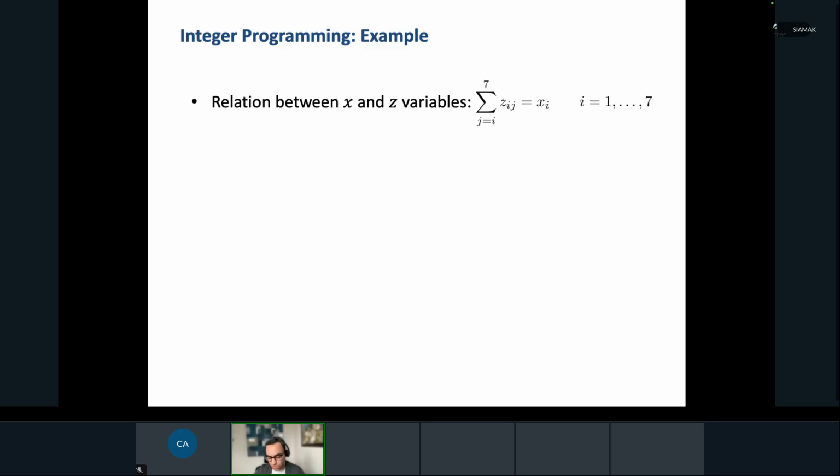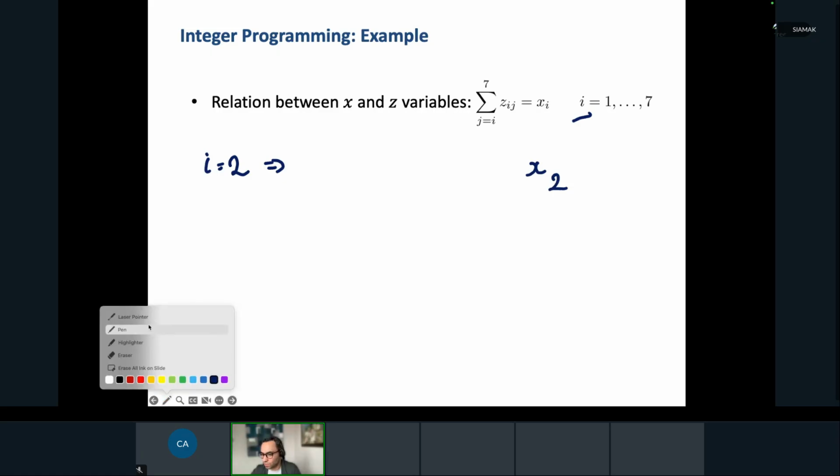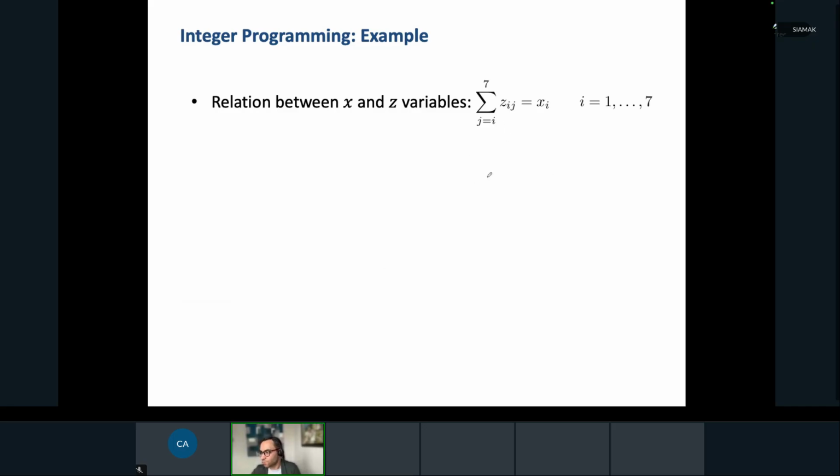Let me just have my pen. Let's say I is equal to 6.